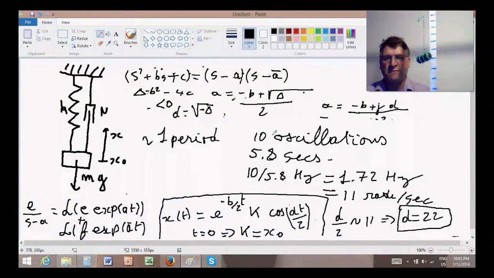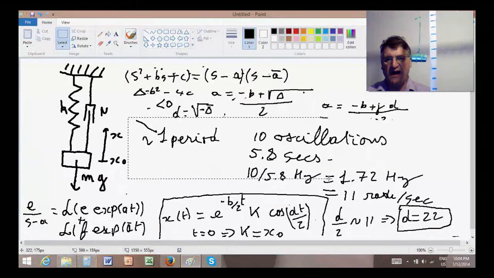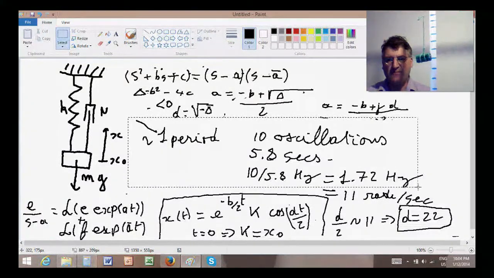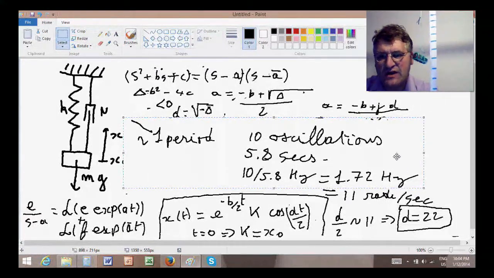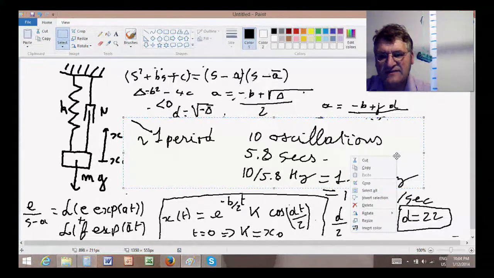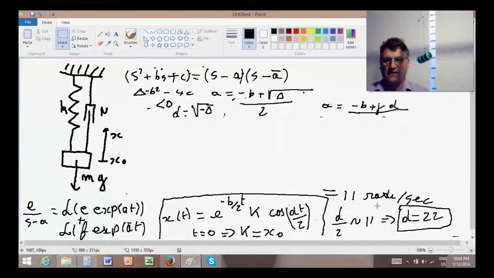And the best way we can try and do that is by maybe trying to measure the time to half amplitude. What is that? That is the time at which the amplitude of the motion is divided by 2.